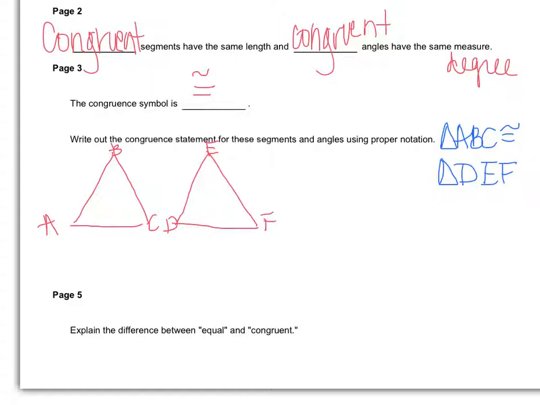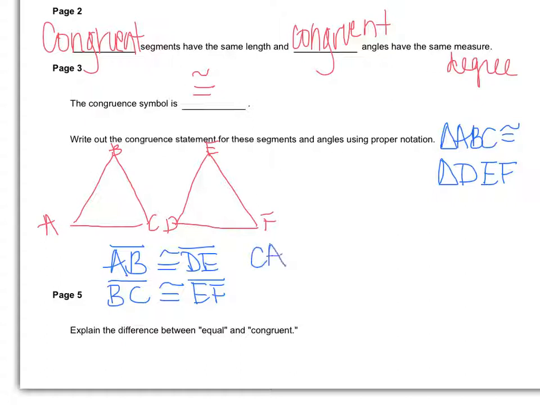Well, what I know then is that side AB is congruent to side DE. Side BC is congruent to side EF. And I also know that side CA, or AC, is congruent to side FD.